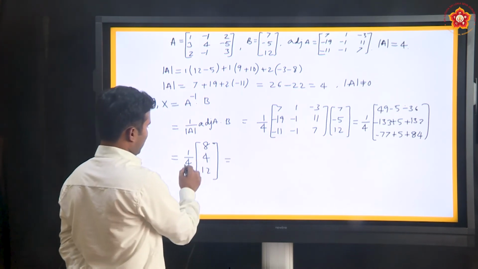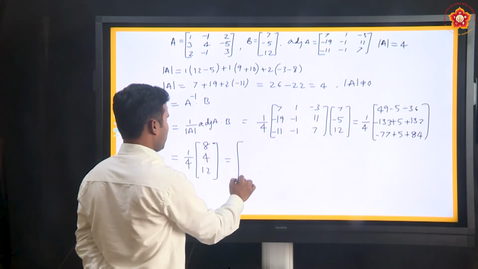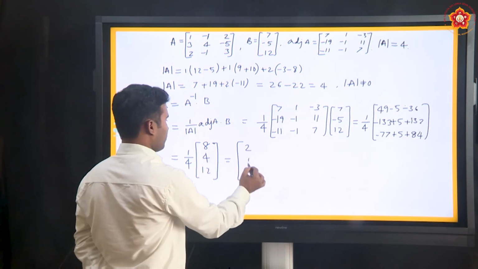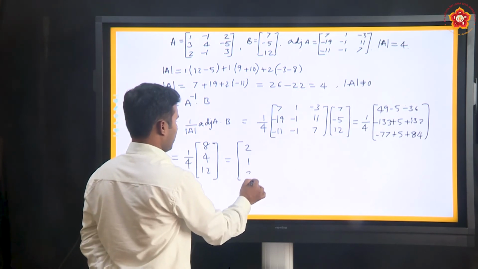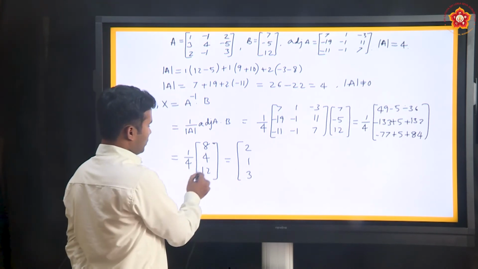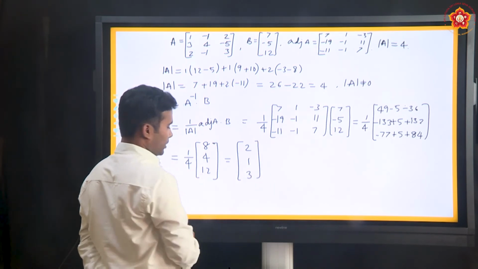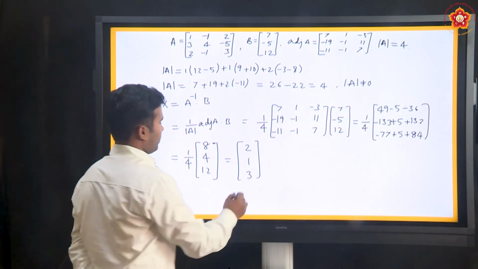now you can multiply 1 by 4 to each entry. So, now it becomes 4 by 4, 4 by 4, 12 by 4, 4 1s are 4, 4 3s are 12. Now, what do you have on the LHS?